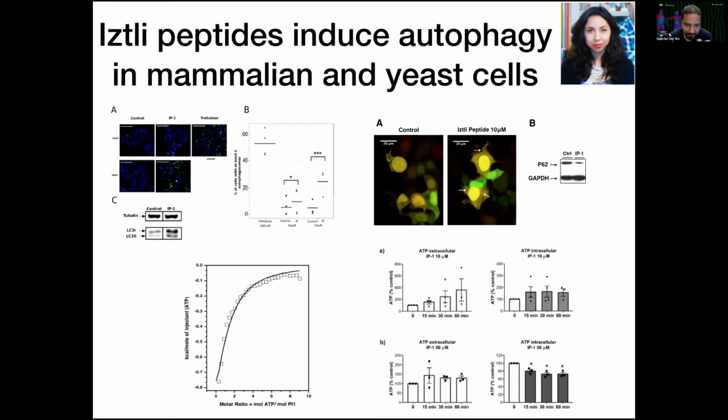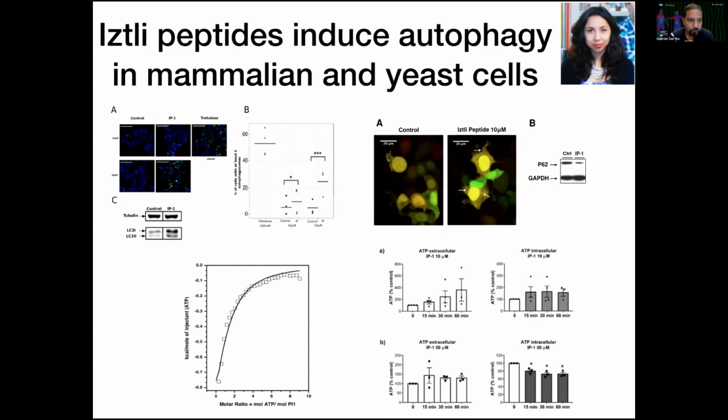And by trying different experiments, among other ones, checking on null mutants in yeast cells, we learned that these peptides activated a mechanism that is referred to as autophagy. Autophagy, as I explained to you, is something that we learned by discovering the antimicrobial activity of substance P. And so the Ishli peptide, another antimicrobial peptide, is also capable of inducing autophagy.